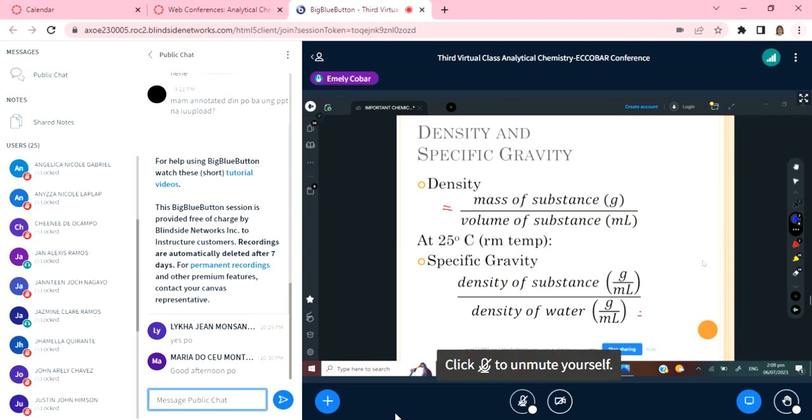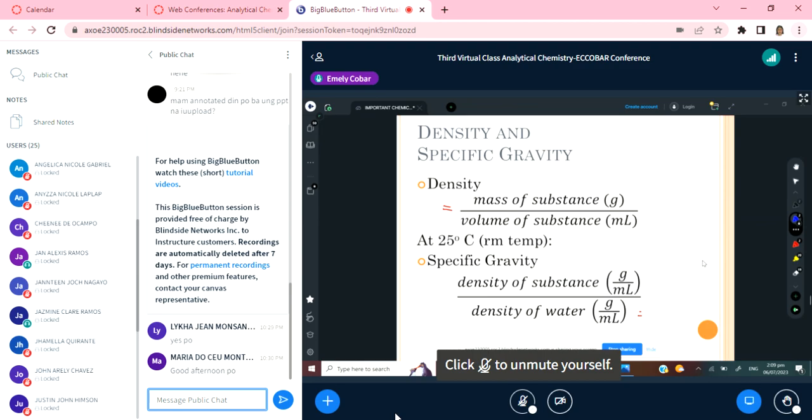Okay, ito yung sinasabi ko sa inyo, density and specific gravity. Okay, density, as we know, ang formula is mass of the substance divided by volume of the substance in ml. So if we have a solution, okay, so mass of the solution divided by volume of the solution, that's the density of the solution. Okay, now next.